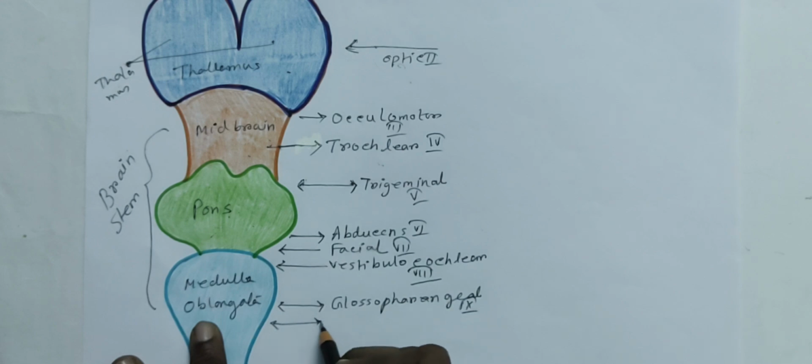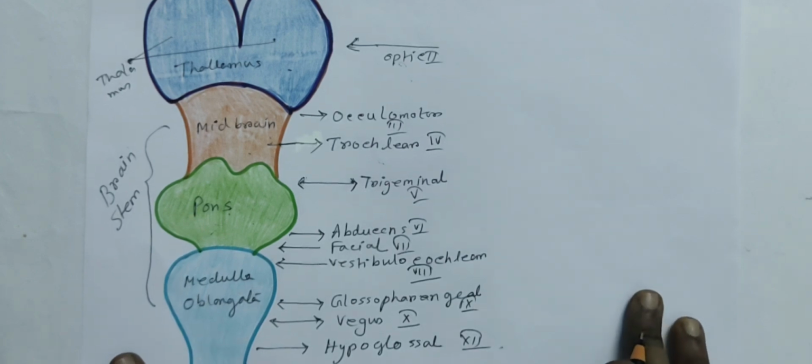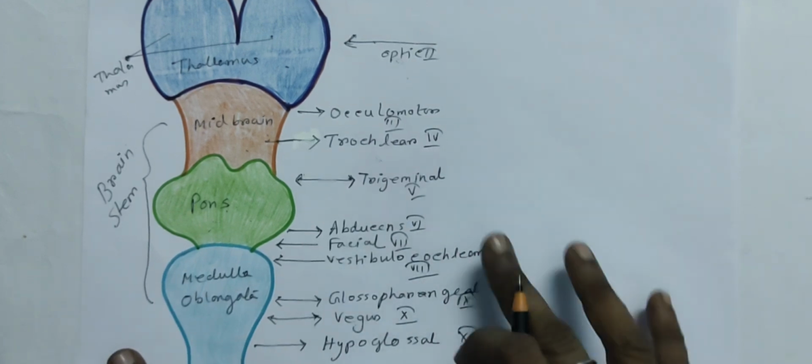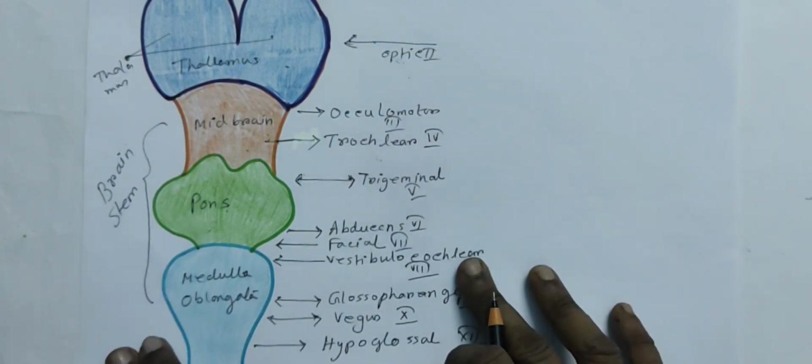Vagus, number 10, and hypoglossal, that is number 12. Okay, so these are the cranial nerves associated with the brainstem.